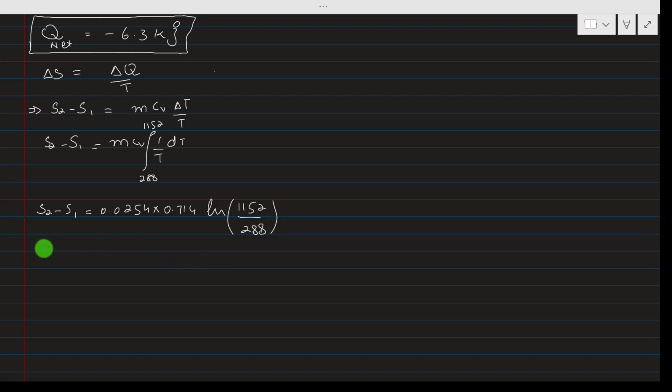After simplification of these equations you will get the change in entropy from process 1 to 2, S2 minus S1, that is 0.0253 kilojoule per Kelvin.